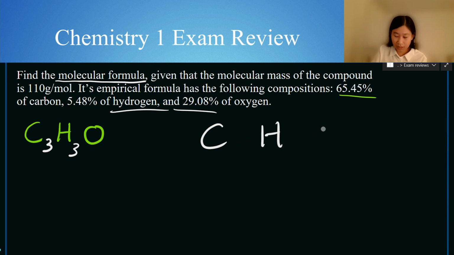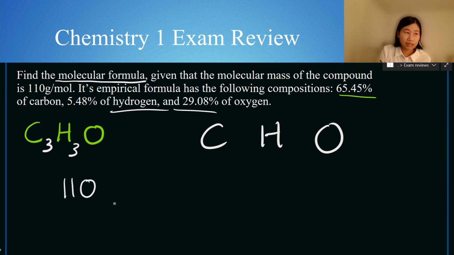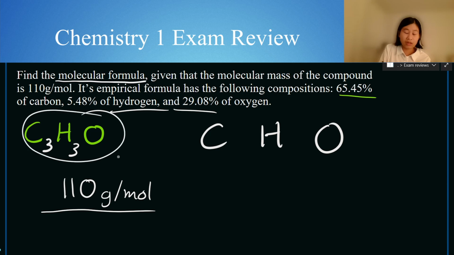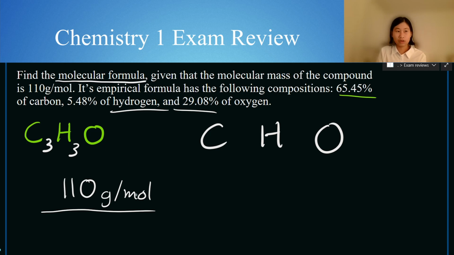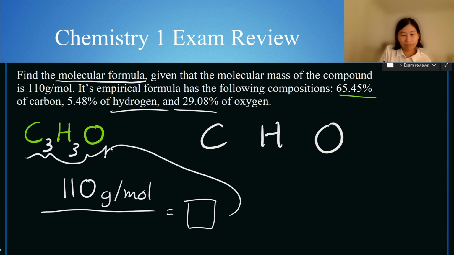It still has carbon, hydrogen, and oxygen, but what are the new subscripts? To find out, we need to divide the molecular mass, 110, by the current mass, which is the mass of the empirical formula. That will give you a number, and you're going to use that number to multiply each of these little subscripts.